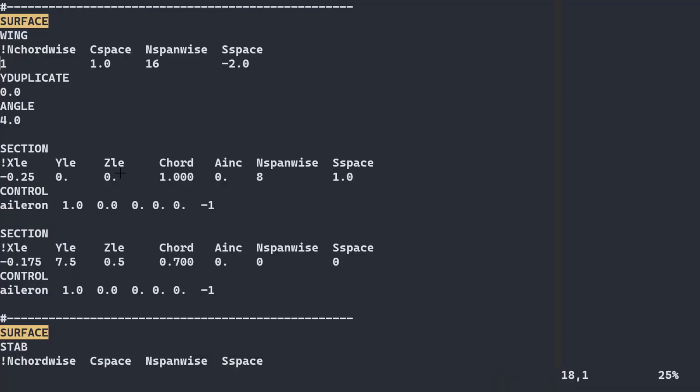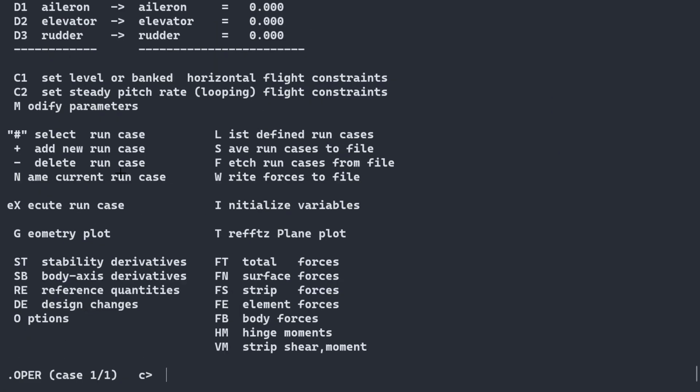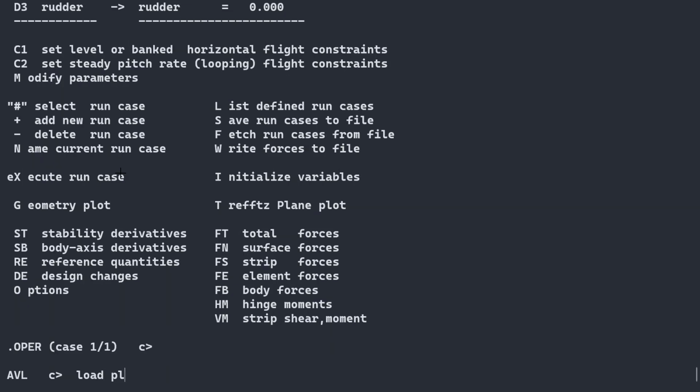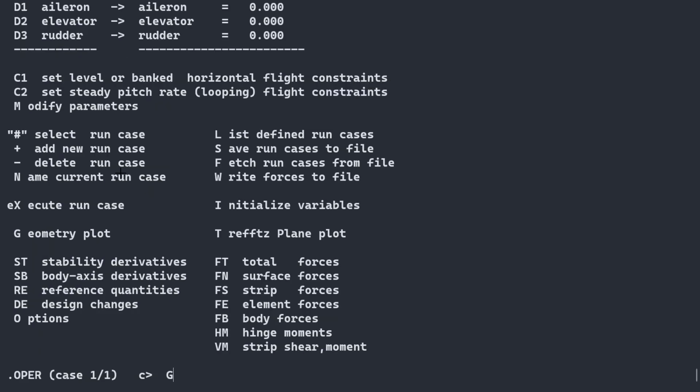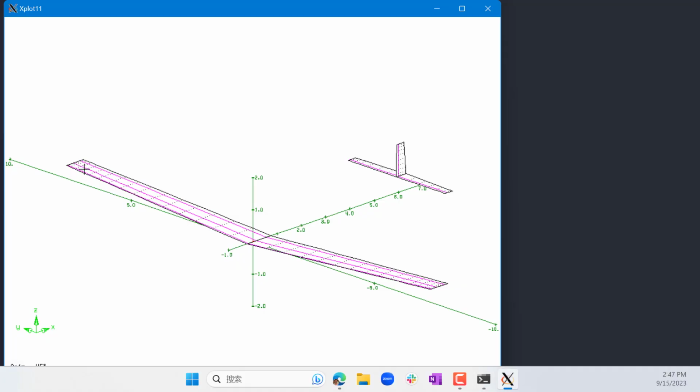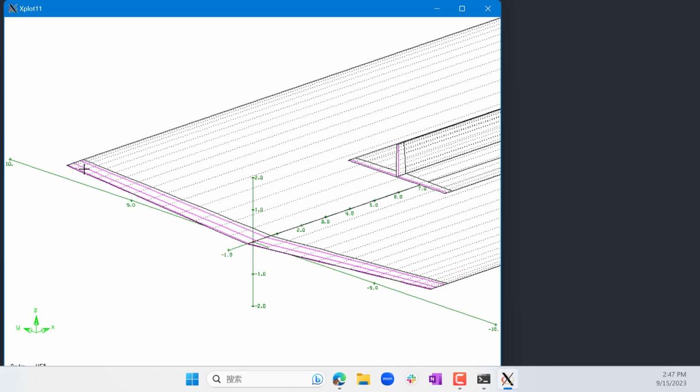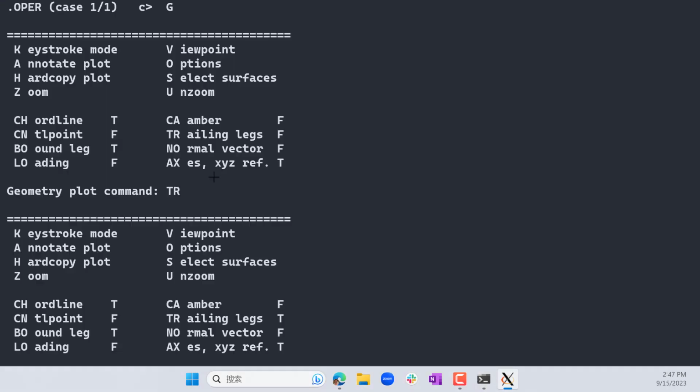If I increase, for example, this to 3, and I'm going to reload it, load plan.avl and plan.g. You're going to see, okay, this is increased to 3, right? There are 3 magenta lines. So basically, each section has 3 vortices in this case, and there are how many?